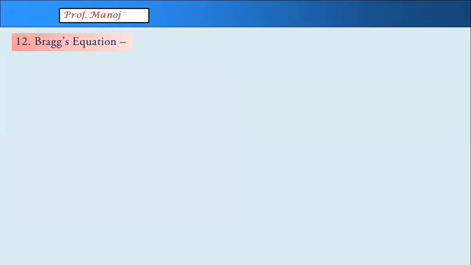टचिंग अ पार्ट हियर कॉल्ड ब्रैग्स इक्वेशन, लेकिन इसके डिटेल आप लोग करोगे फिजिक्स में, द चैप्टर ऑफ डाइफ्रैक्शन. Bragg, father and son, both these people work together on the X-ray analysis of crystals.